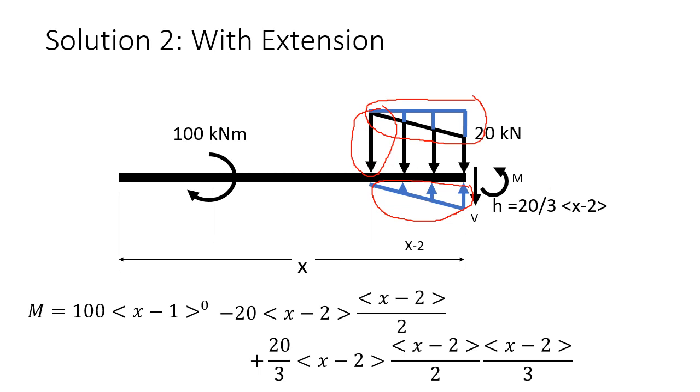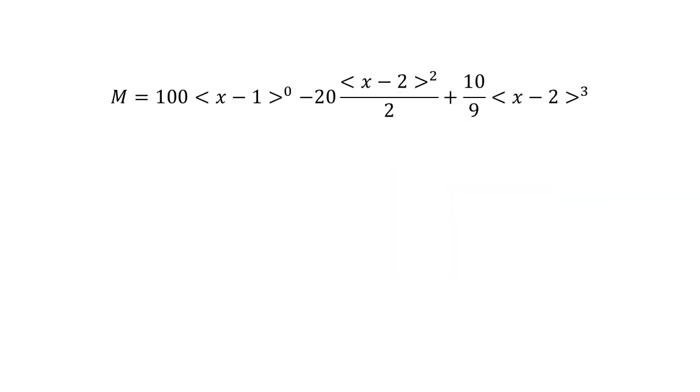So actually, if you look back to solution 1, the simplification of the moment equation for solution 1 is the same as this equation that we have here. If you remember the simplified equation from solution 1, this is actually the same.